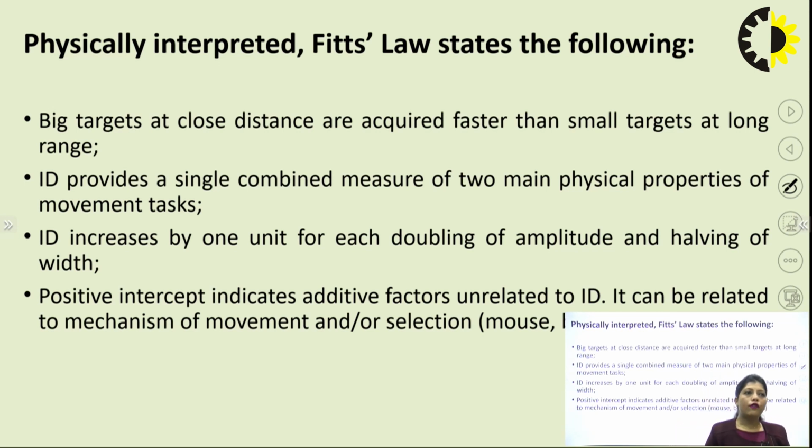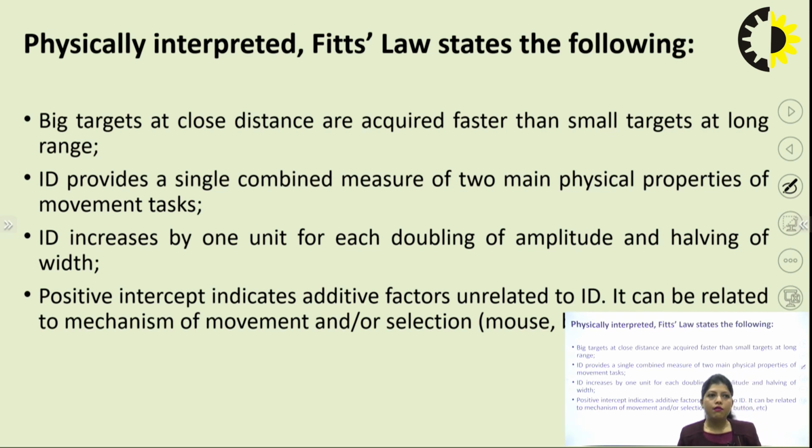Index of difficulty provides a single combined measure of two main physical properties of the movement task. Basically, index of difficulty provides a measure for calculating the physical properties of the movement task, because ID provides the value for the two objects.